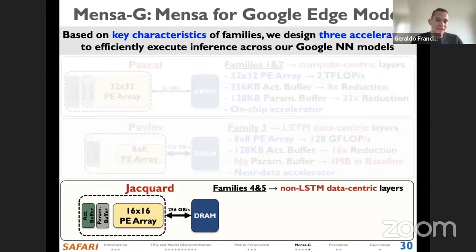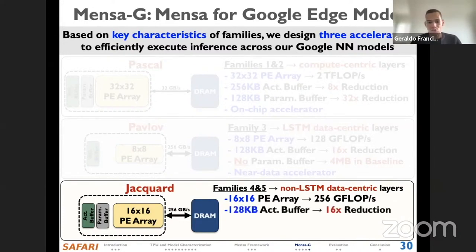Finally, we have Jacquard, which caters for layers in families 4 and 5. Those are primarily non-LSTM data-centric layers. While layers in families 4 and 5 have low MAC intensity, they perform a little bit more MAC operations on average than layers in family 3. Because of that, we empirically chose a 16 by 16 processing element array in Jacquard.